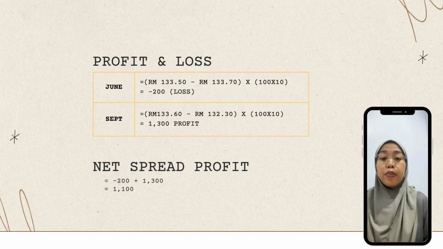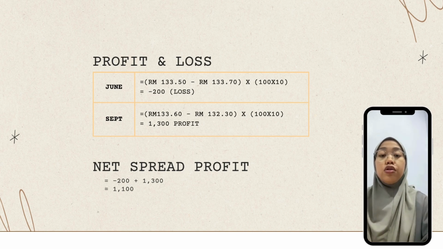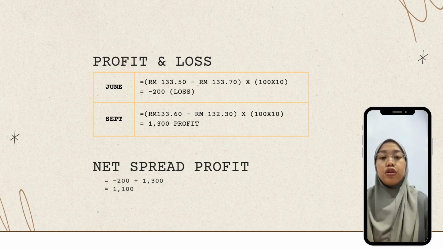Next, for the September, Mr. Liu bought the September contract on May 31st at a price of 133.60, and then he sold back on June 10 the same contract at a lower price of 132.30. This means he bought high and sold low. So you might expect a loss, right? But remember, in this spread strategy, the September contract was the long position. He was expecting the distant month contract to fall more than the nearby one.